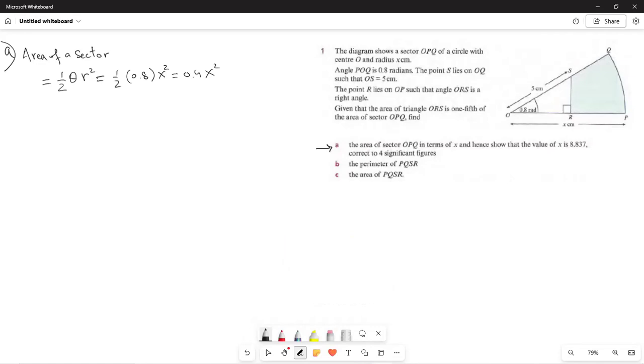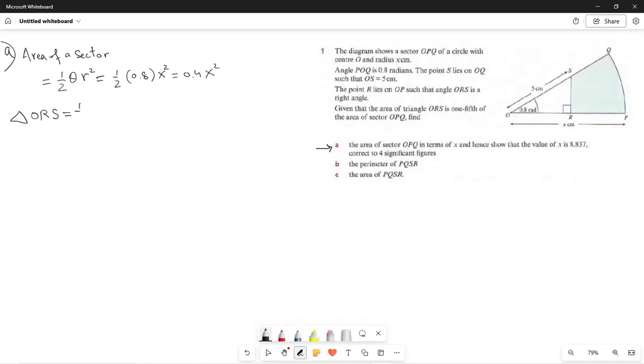We are given that the area of this triangle, sorry, ORS, is 1/5 of the total area. So let's try to find the area of the triangle ORS. How can we find this area?